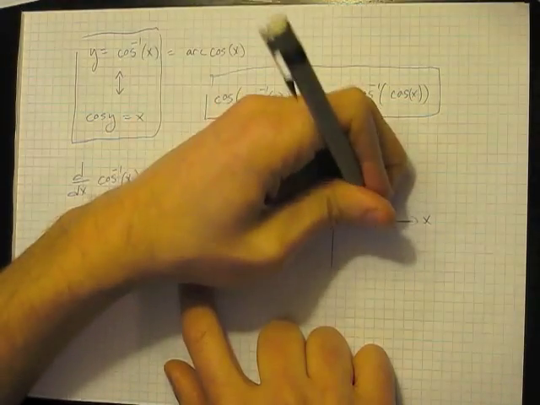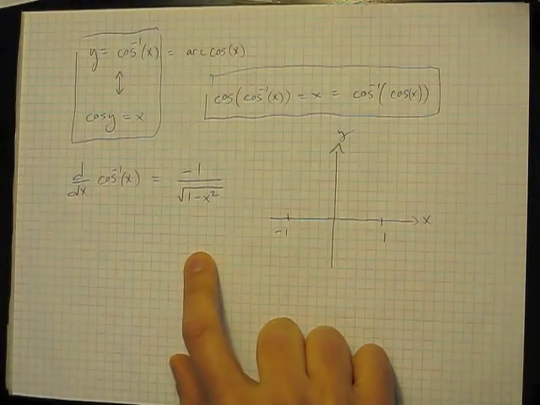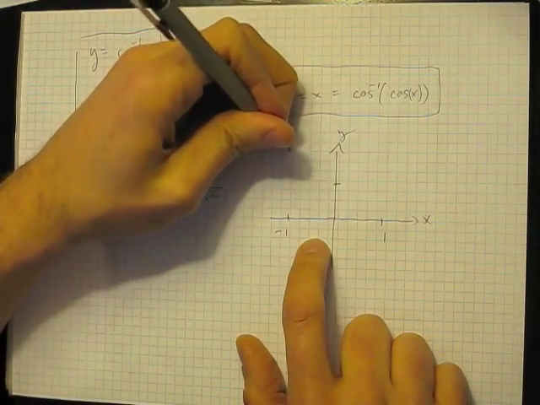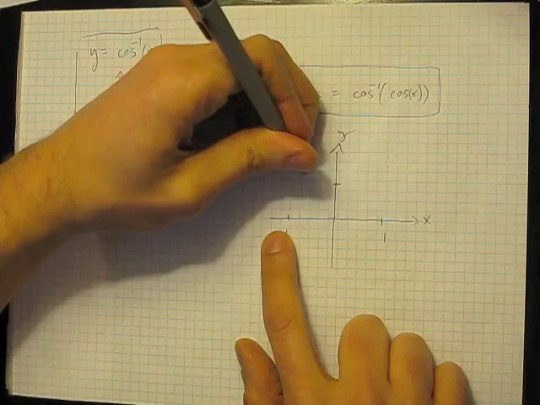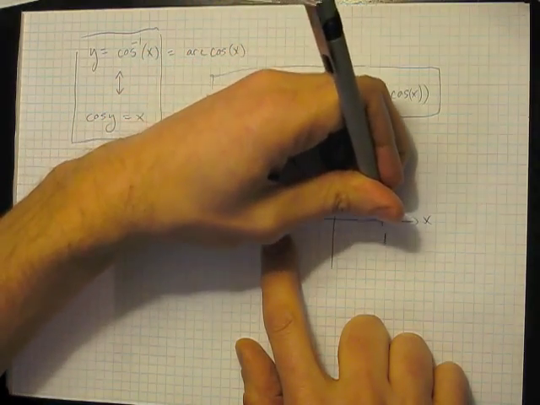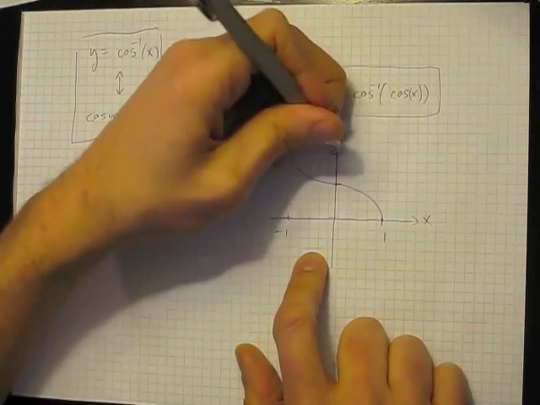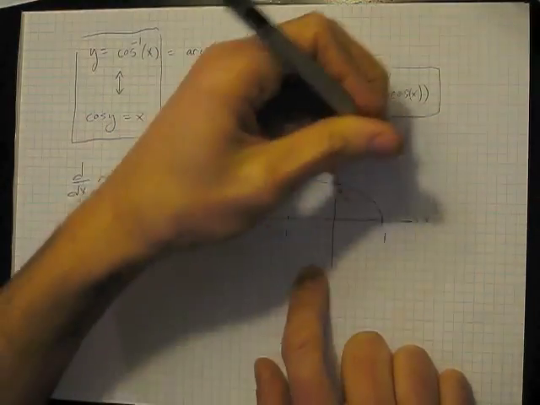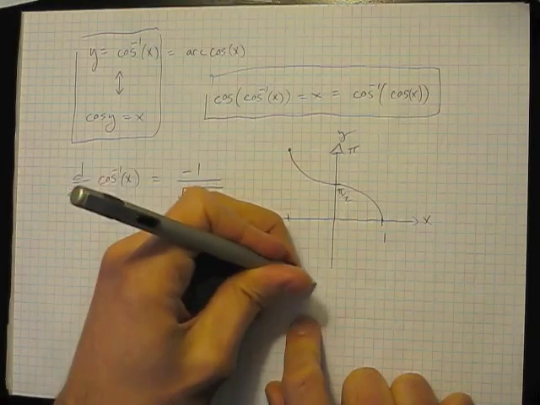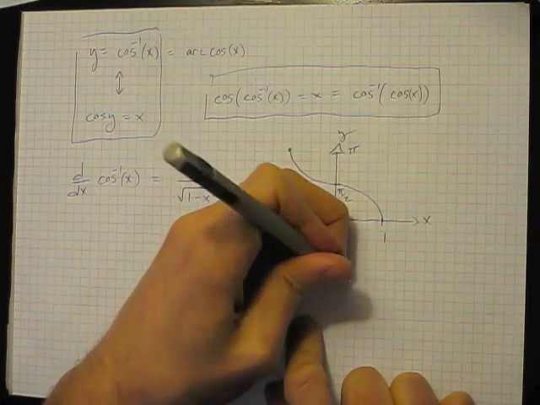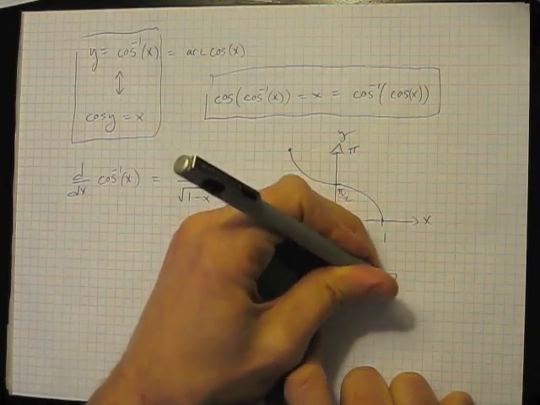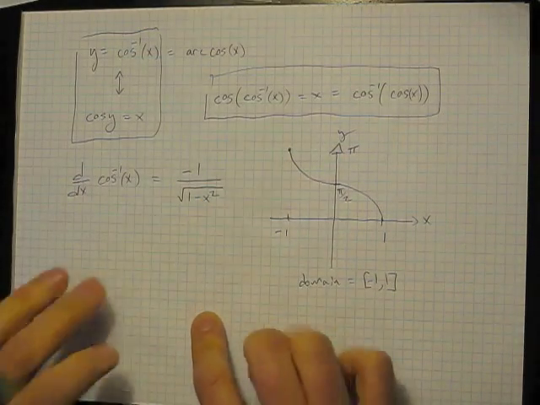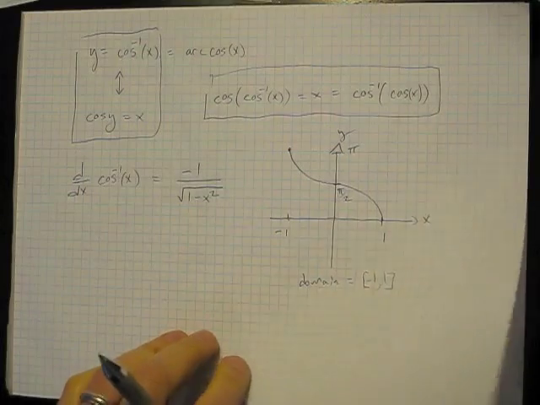You get the graph of this from flipping the graph of cosine across the line y equals x. It looks like this. Okay, and this height right here is pi. This is pi over 2, and this is 0. So the domain is, again, minus 1 to 1, and the range is from 0 to pi. Okay, that's the inverse cosine function.